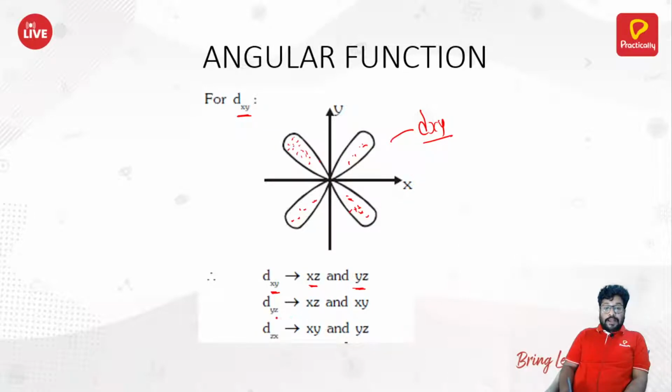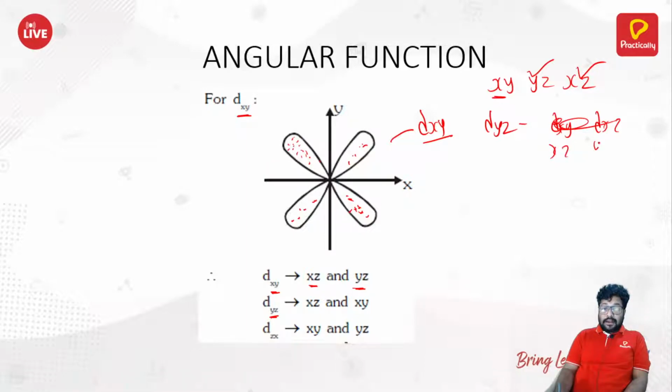If I take dyz, see there are three options between three axes: xy, yz and xz. So if you take dxy, the nodal planes will be yz and xz. If you take dyz, the nodal planes will be xz and xy.